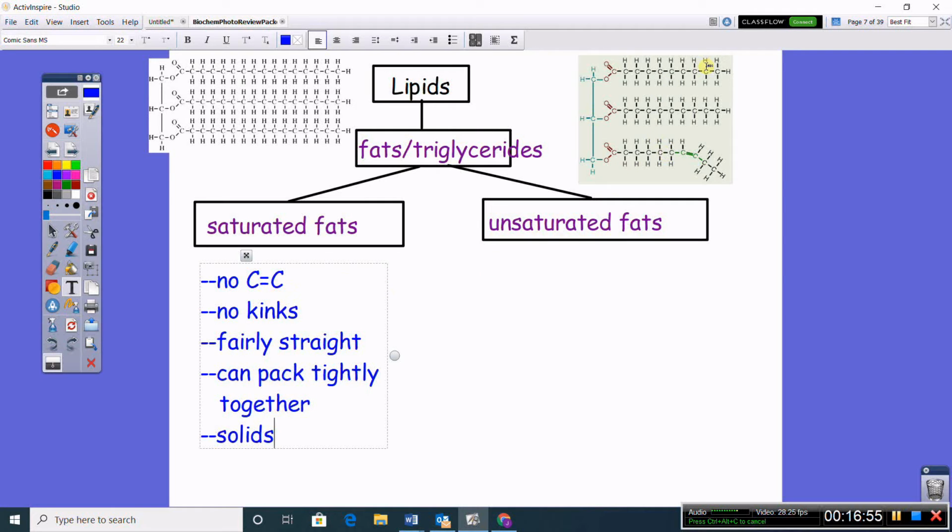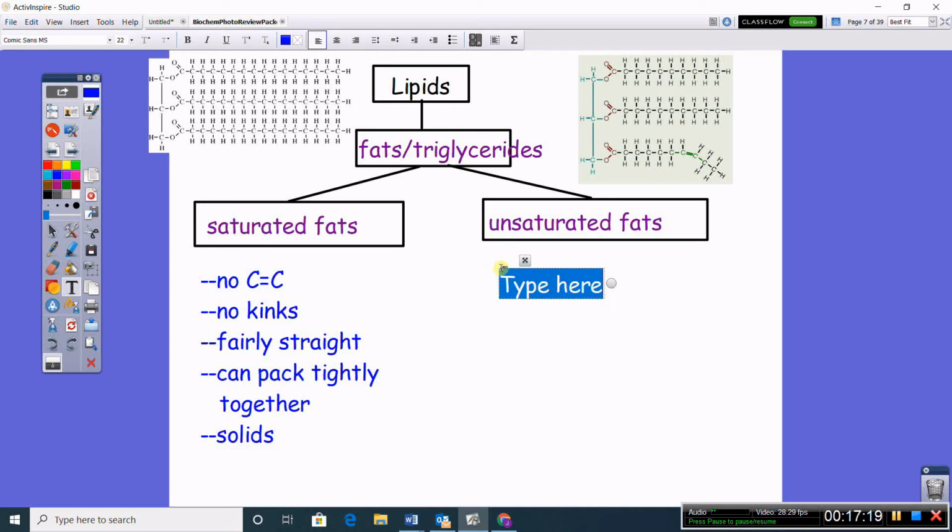Unsaturated fats, remember, a fat is also called a triglyceride. And so the tri part is due to the three fatty acid chains. So in order for something to be considered an unsaturated fat, it needs to have a carbon-to-carbon double bond in at least one of the three chains, which this one here does.